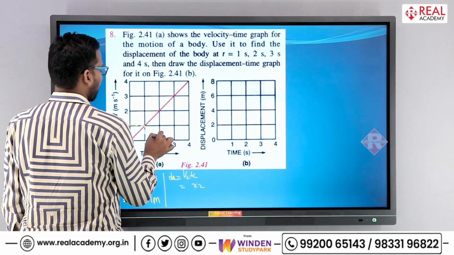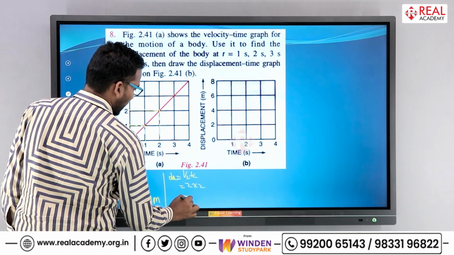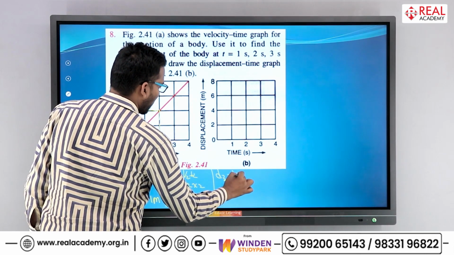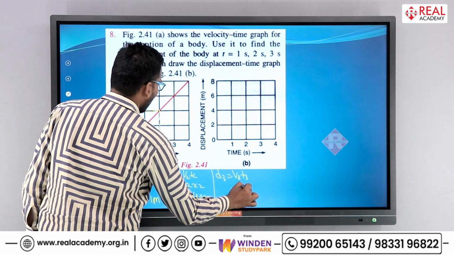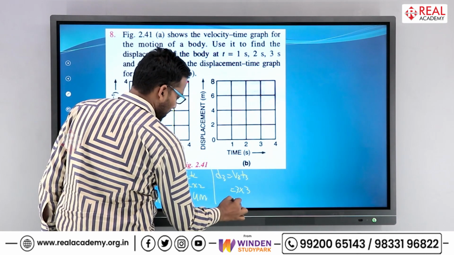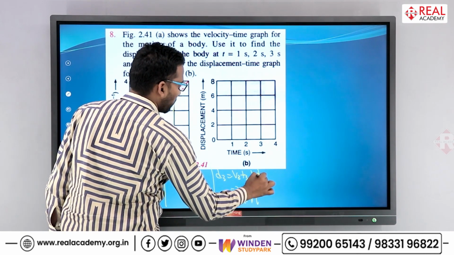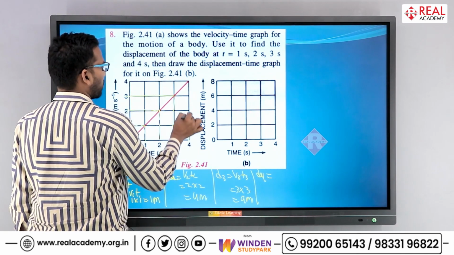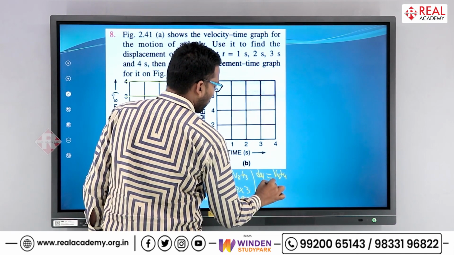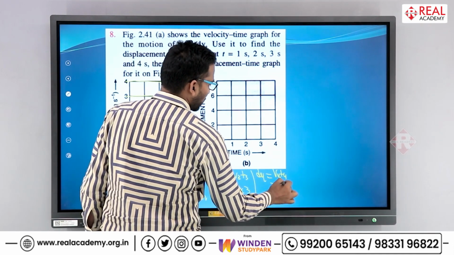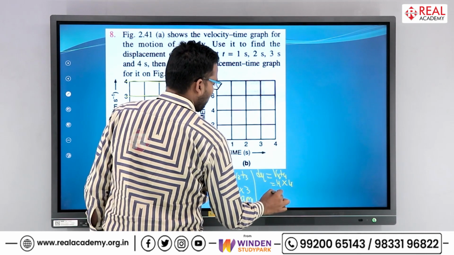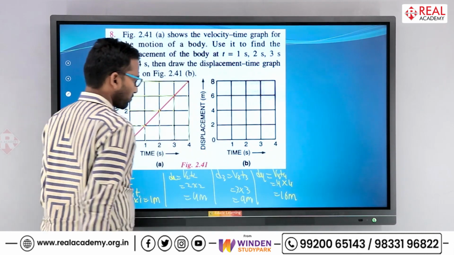For 2 seconds velocity is 2, that is 4 meters. Similarly for d3, v3 into t3 is 3 seconds. The velocity at 3 seconds is 3, that is 9 meters. And d4 is v4 into t4, that is 4 into 4, that is 16 meters.